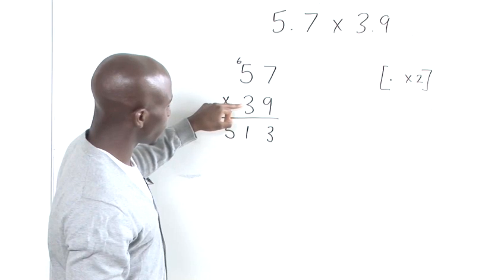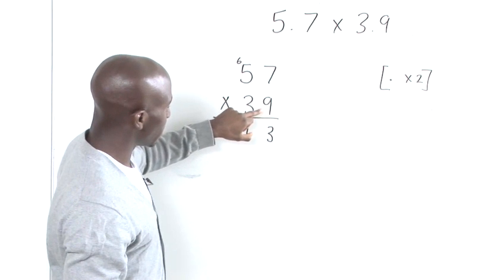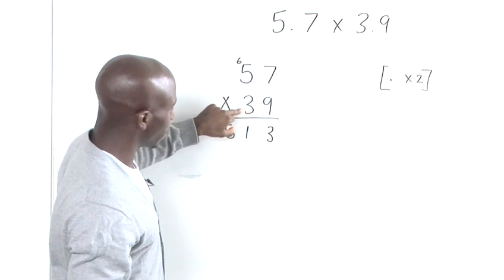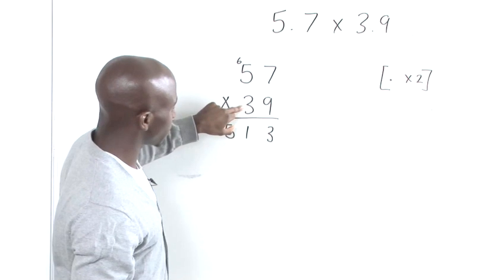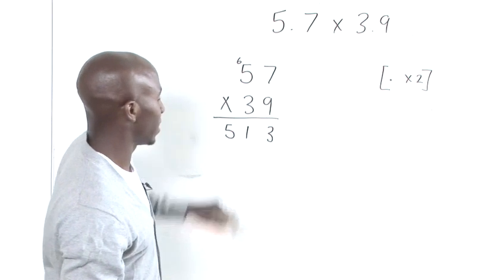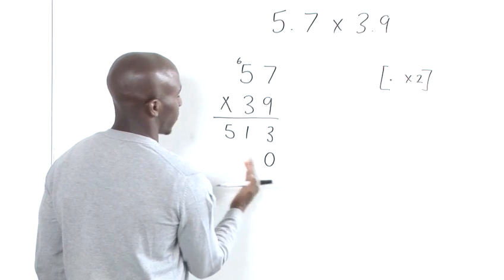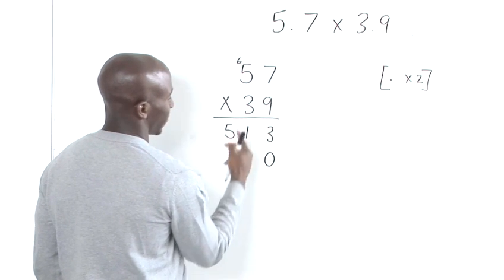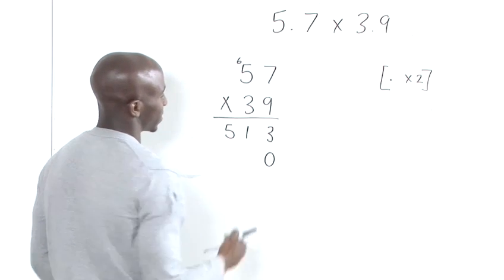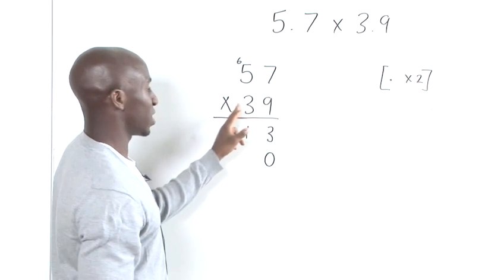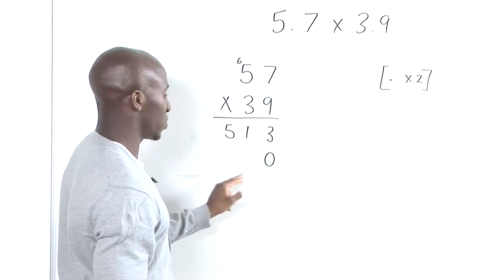Now, if you've got your next column here, you have the number 3, which is going to multiply by the 7 there. And remember, we always start off one column to the left for these rows, for the tens. If it was 100, then we'd start off two columns over.